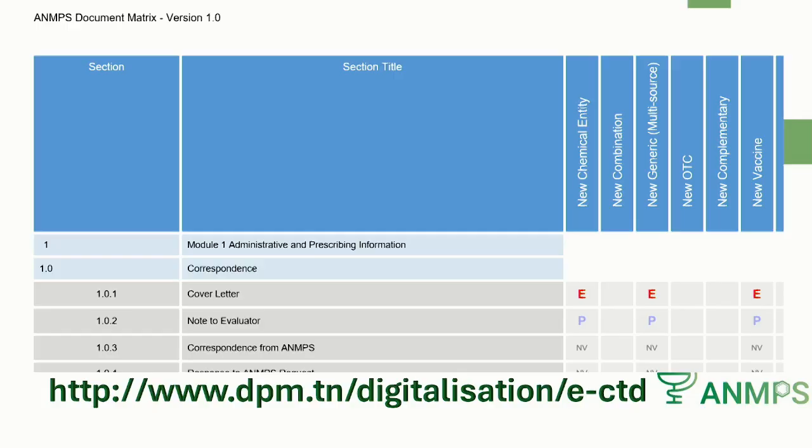The document matrix enables us the flexibility to update document requirements and change the severity on the fly without having to update the validation criteria. Regulatory should check for version updates published on the ANMPS website on a regular basis to stay up to date on current requirements.